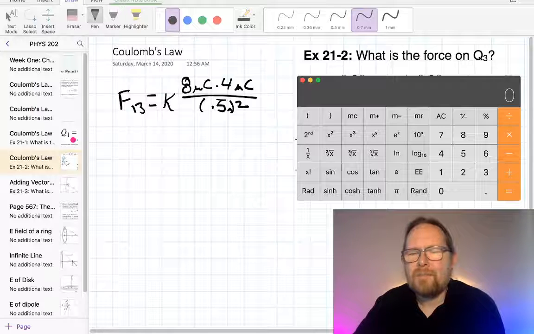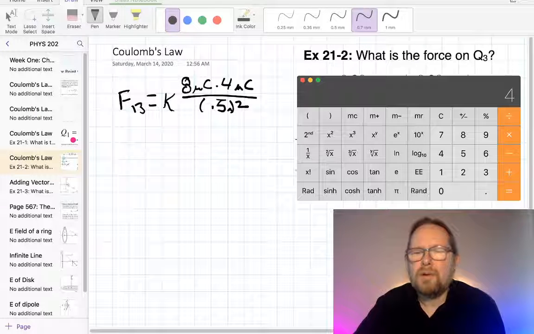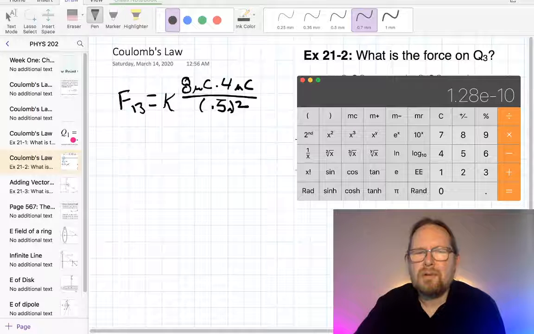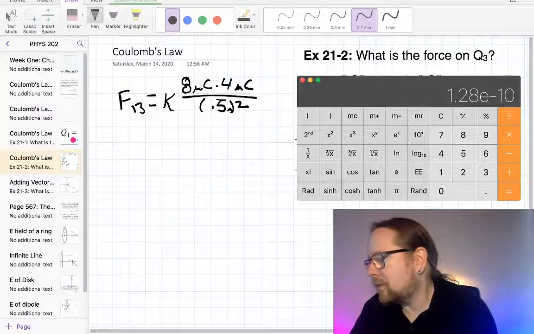Let's start again. 8 microcoulombs times 4 microcoulombs equals, divided by 0.5 squared equals, oh, I think I divided instead of multiplied.